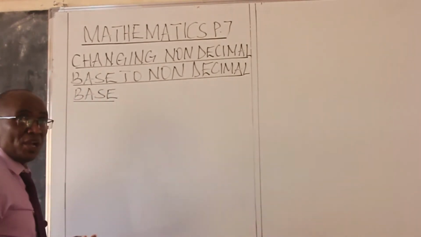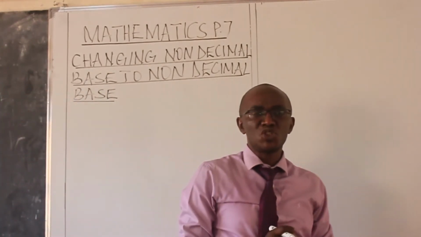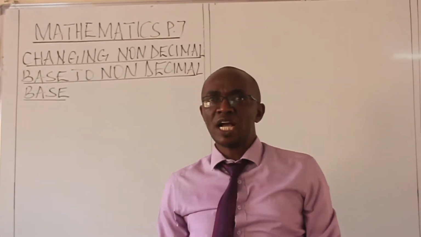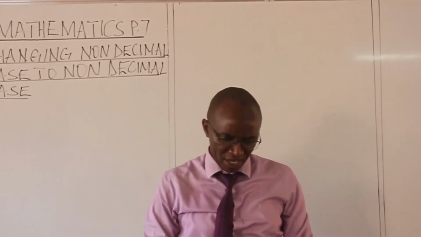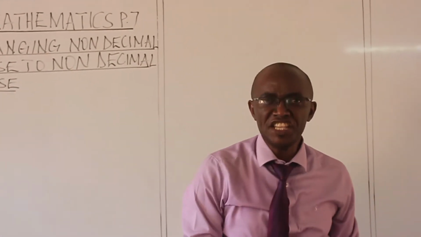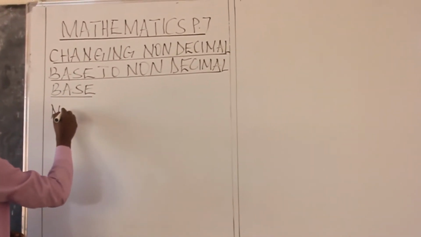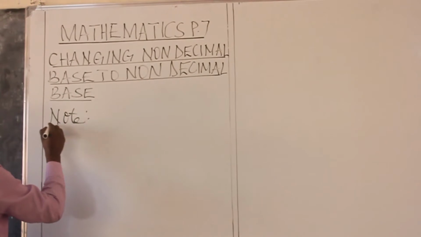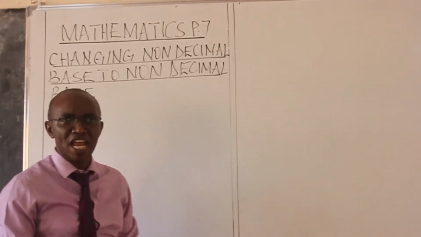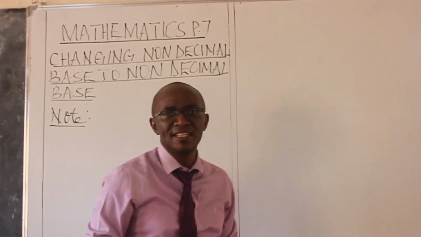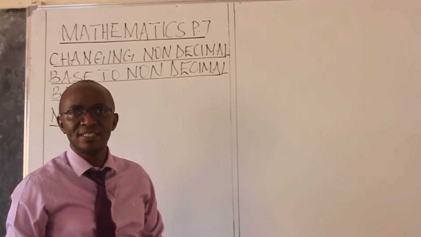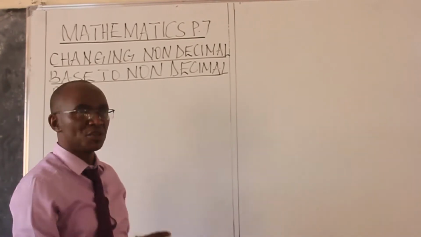So now there are some points to note before we look at this subtopic. One, when changing non-decimal base to non-decimal base, you first change the given base to decimal base.